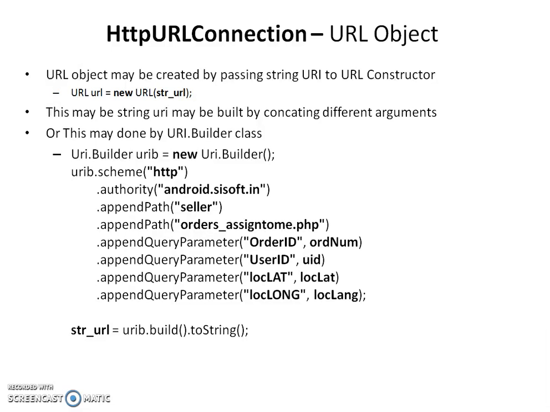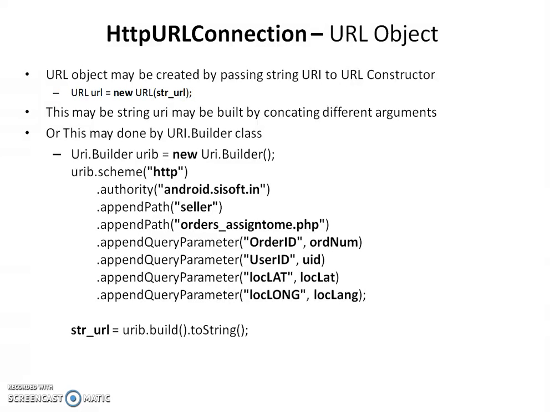Here we are creating a Uri.Builder object, and then we are passing the scheme. What scheme are we going to use? Is it going to be HTTP or HTTPS? What is the authority, that is, the name of the server?